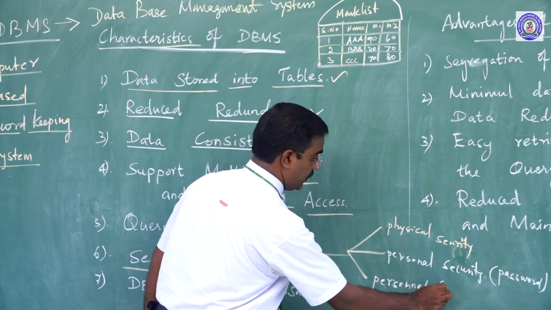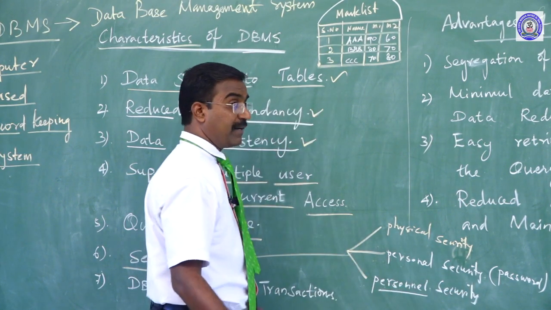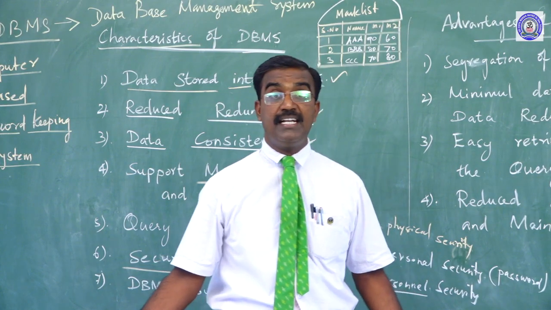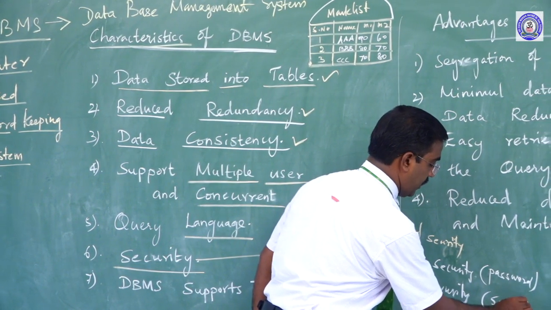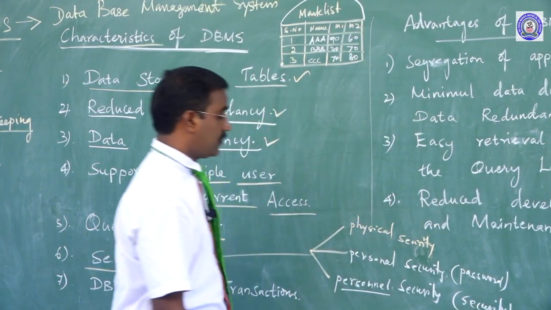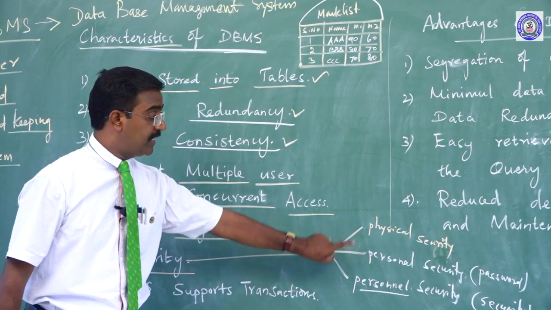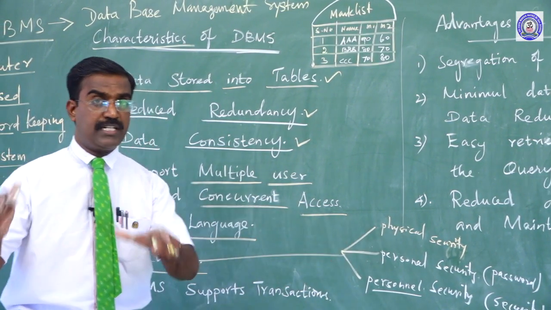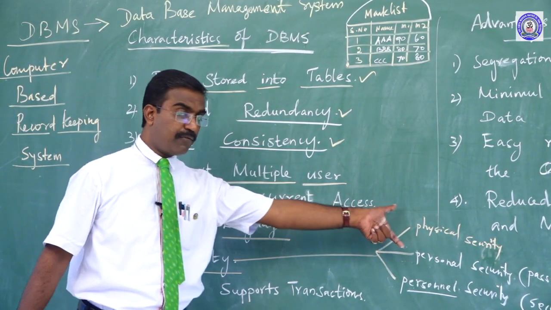personal security. Sir, what is personal security here? As a person, as a team head, we give security to a person; that is called personal security. Physical security means objects: computer, CPU, software.